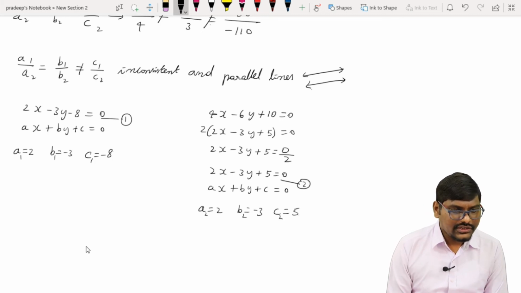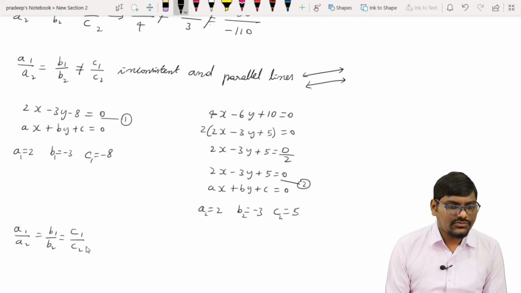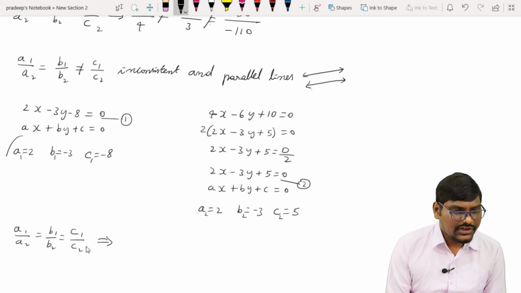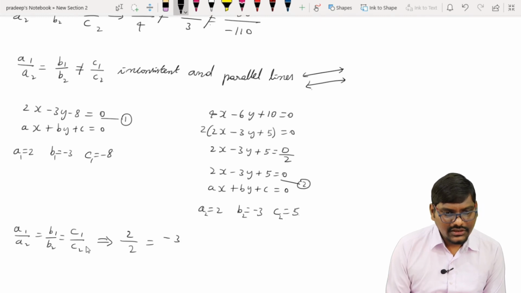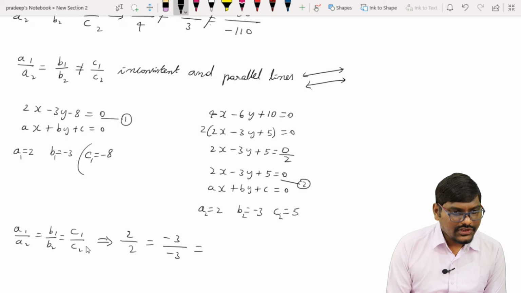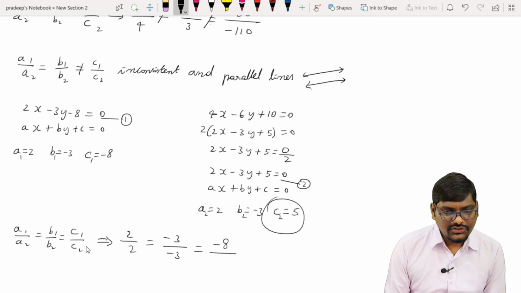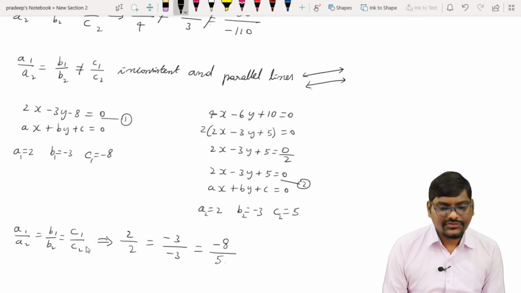Now I can write in the form a1 by a2 is equal to b1 by b2 is equal to c1 by c2. What is a1? a1 is 2, a2 is also 2, b1 is minus 3, b2 is also minus 3. What is c1? c1 is minus 8, and c2 is 5.